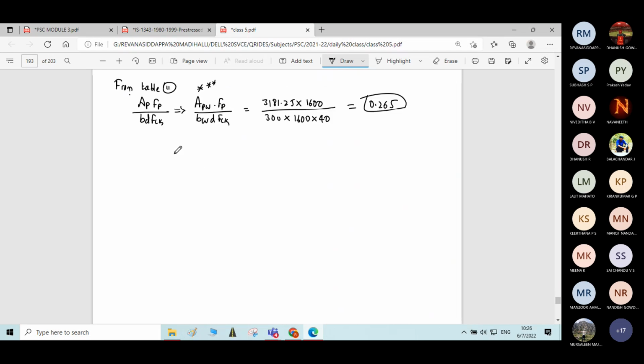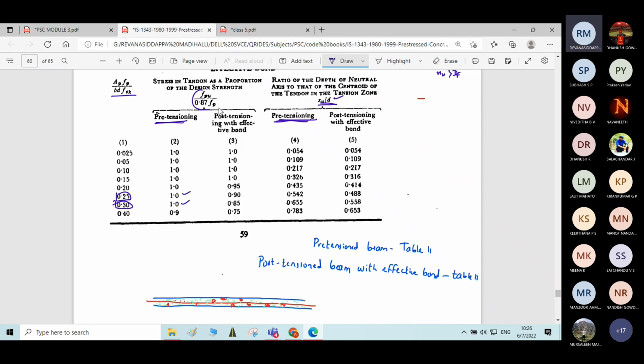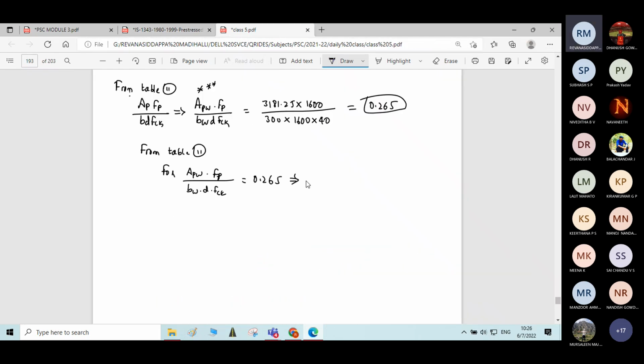Below you write, from table 11, for APW into FP by BW into D into FCK equal to 0.265, the corresponding FPU by 0.87 FP is 1 only.